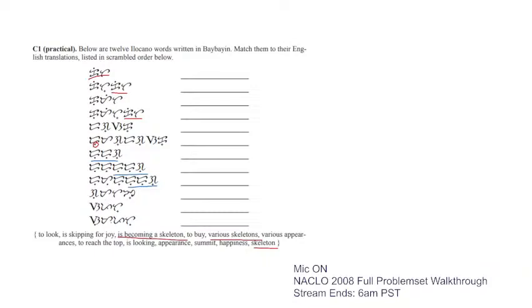Okay. Wait, let's just count: 1, 2, 3, 4, 5, 6, 7, 8, 9, 10, 11, 12. So that's exactly the amount. They haven't thrown in any extras to confuse us.